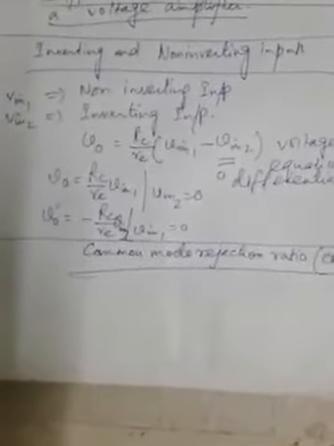That means the noise will be equally affecting both the input terminals, and therefore the net output would theoretically be 0, because the net output will be an amplified form of the difference of the two inputs.